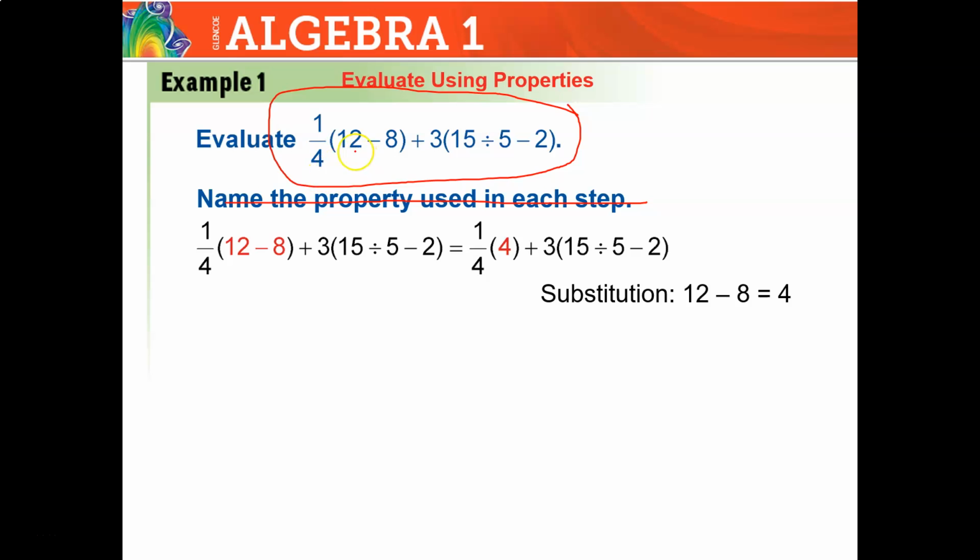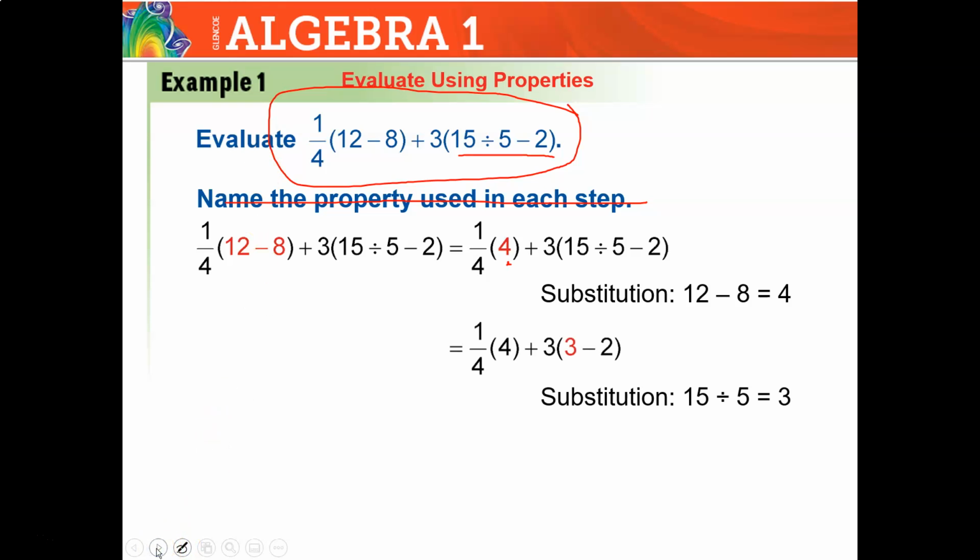So we have parentheses, so we have 12 minus 8 and 15 divided by 5 minus 2, okay? So let's start here. 12 minus 8 is 4, okay? Then we need to take 15 divided by 5, which is 3, and 3 minus 2, which is 1.